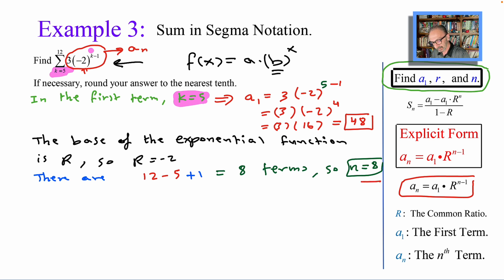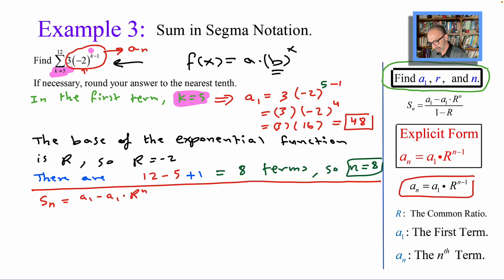Let's close this and do the steps. So I have the sum of n terms equals a sub 1 minus a sub 1 multiplied by r to the power n all over 1 minus r. Let's make it fit. The sum of n terms, because we agreed that n equals 8, is equal to a sub 1, which we agreed on earlier as 48.